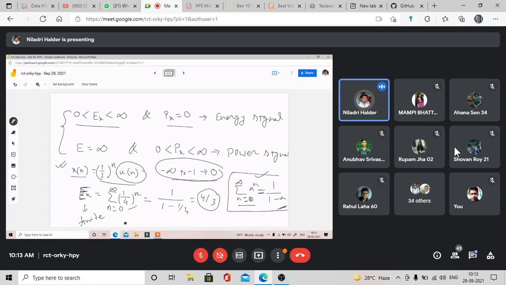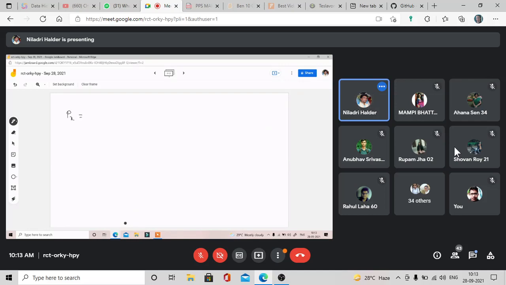What should be the power of the signal? Simply limit N tends to infinity 1 by 2N plus 1, again summation of n equal to 0 to infinity, as un you have, 1 by 4 whole to the power n.